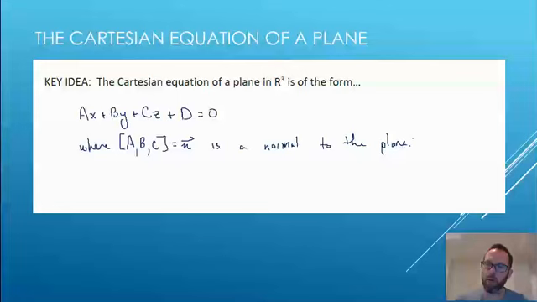So that's pretty cool that there's this natural extension from the Cartesian equation of a line to the Cartesian equation of a plane. So this is the third different equation of a plane, and it's often a lot easier to work with in terms of determining if a point is on the plane, among some other things. So we're going to do a few examples getting used to that.